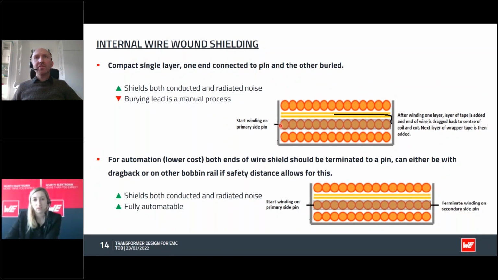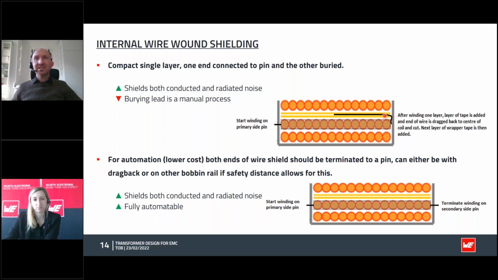So for a shield, we always have to have one end floating, because if we don't, the winding will be a short circuit. So we only attach one side to the ground point or the quiet point. Then the other side needs to be left floating.